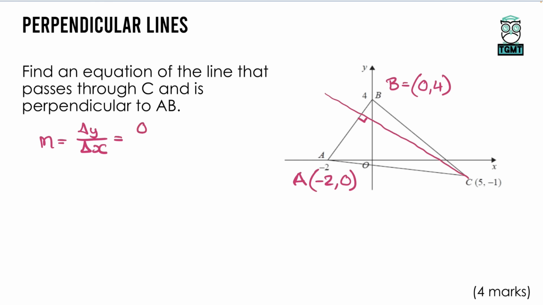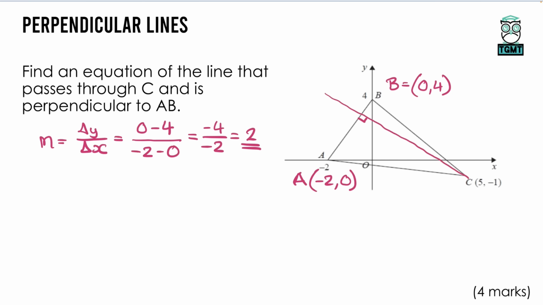So 0 minus 4, or you can do 4 minus 0, and then over the change in X, which is -2, take away 0. So for that, you can also just think about it as a distance as well. You could do the positive versions. From 0 to 4 is 4, from -2 to 0 is 2. So we can actually just use the positives, which probably would have been nicer in this one. But -4 over -2, which is +2. So the gradient of AB is 2.